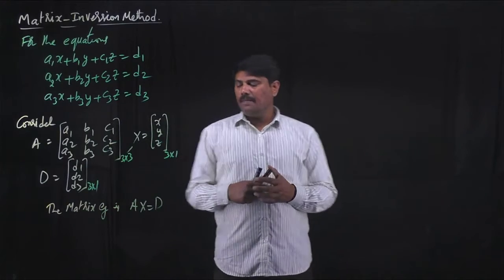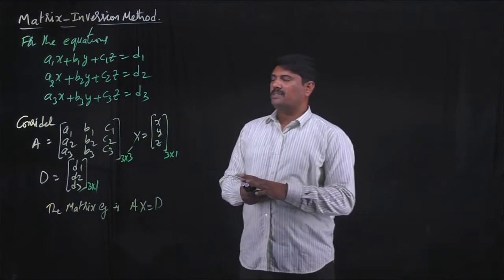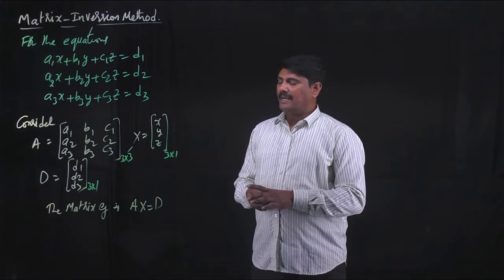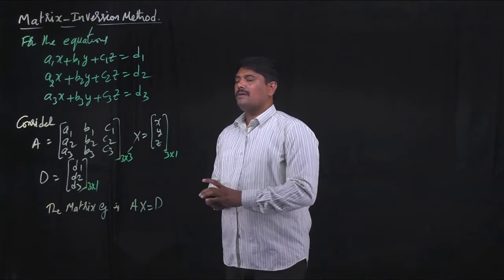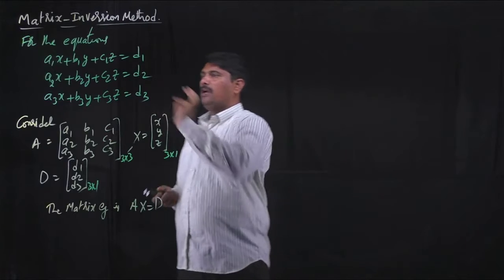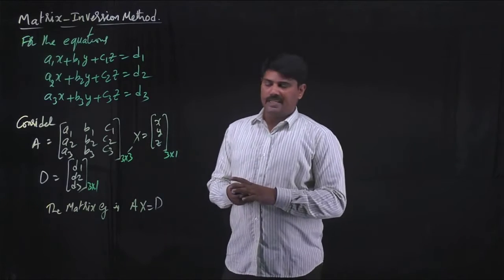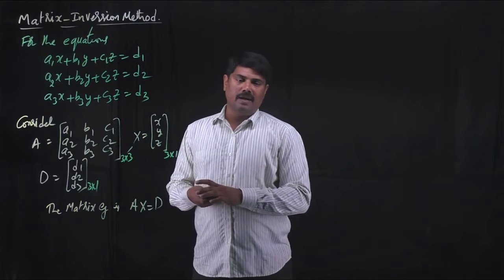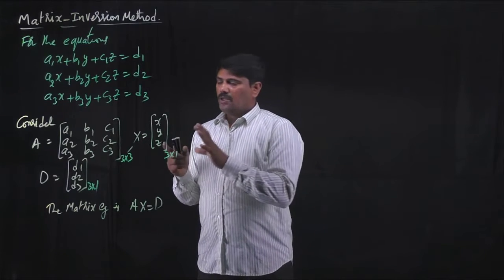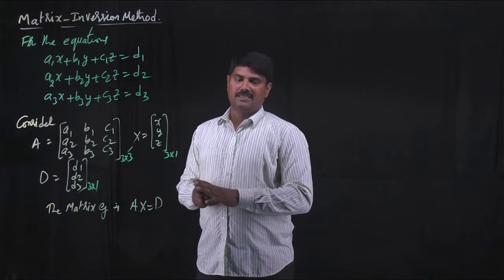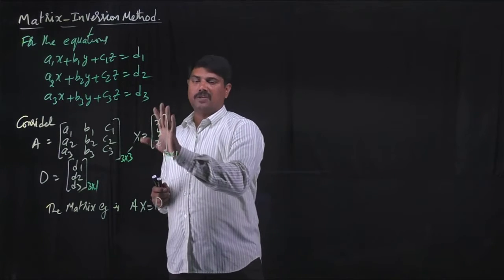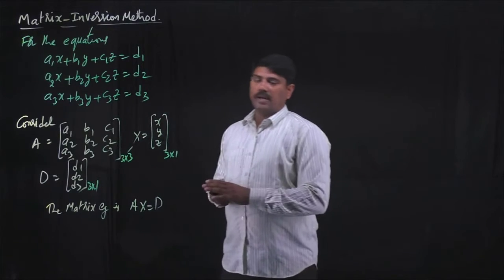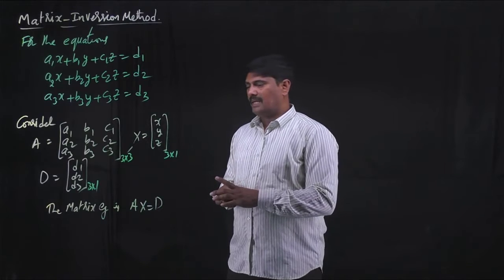By using that matrix equation, we can construct the matrices A, X and D. Here solving the equation means finding the values of x, y, z. The x, y, z are present in the variable matrix X. That means you have to find the X matrix, and then you can find the values of x, y and z.